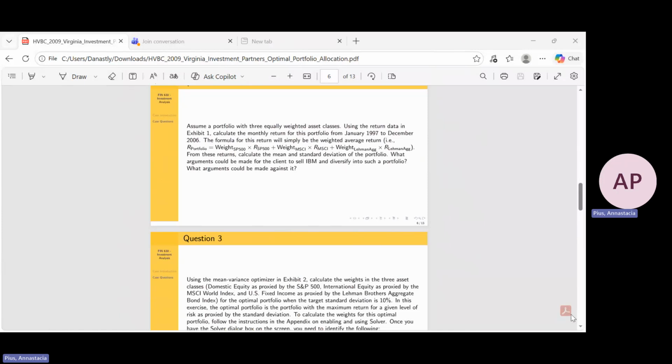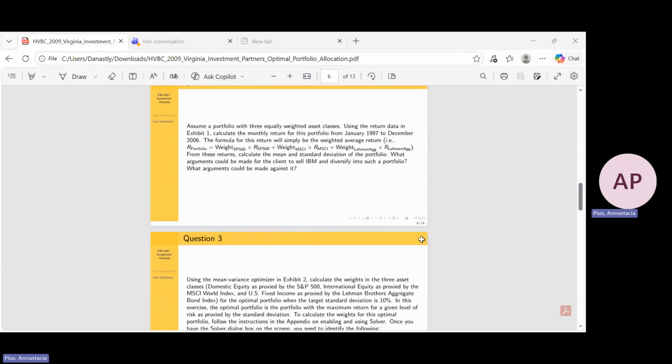IBM is what we've just calculated in the first question. Arguments for selling IBM would be that diversification lowers the risk, and you also get more stable returns. And if you sell, you eliminate company-specific risks, that is, risks associated with one particular company.